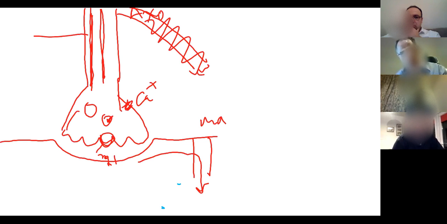So once it's blocked, no more action potential can come across, so there's no more sodium coming across into the sarcomere. Therefore, there's no action potential in the sarcomere traveling down the T tubules. Therefore, there is no calcium release into the sarcomere. Therefore, the binding of the actin and myosin proteins will not occur. So therefore, instead of binding tight, it'll release, and then you get the relaxation of the muscle.